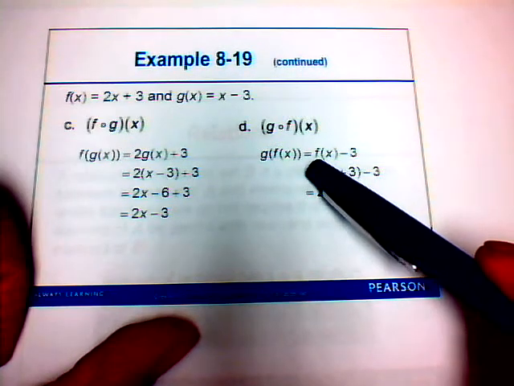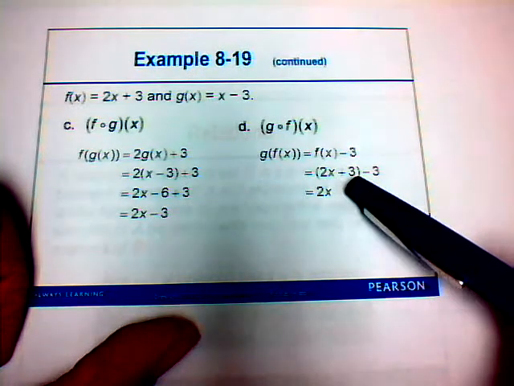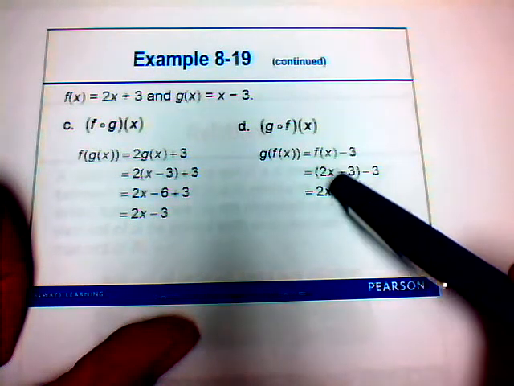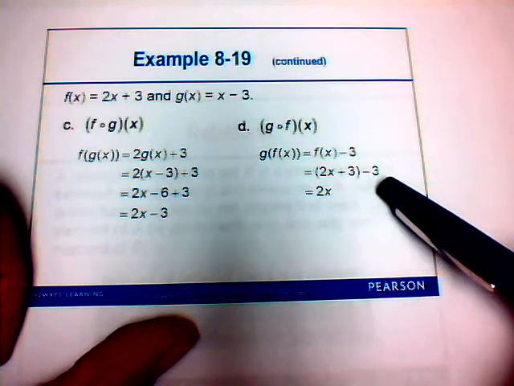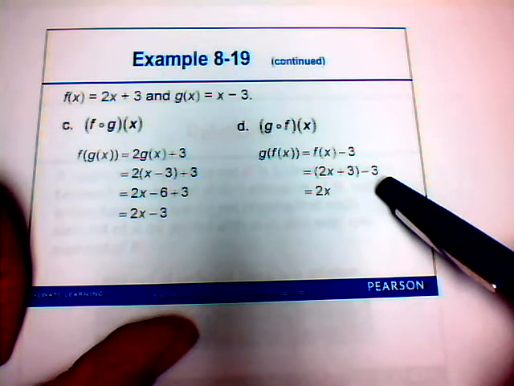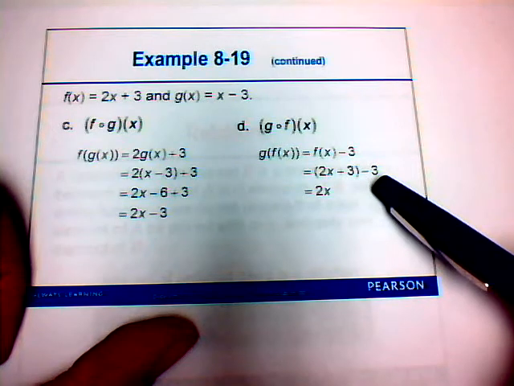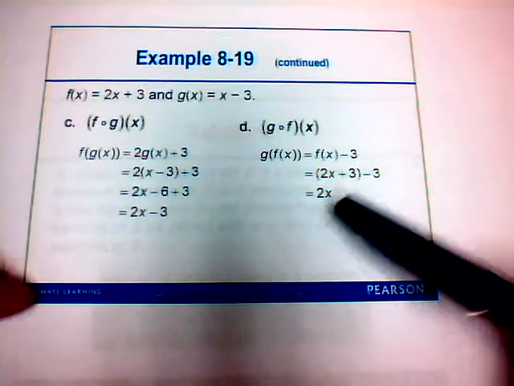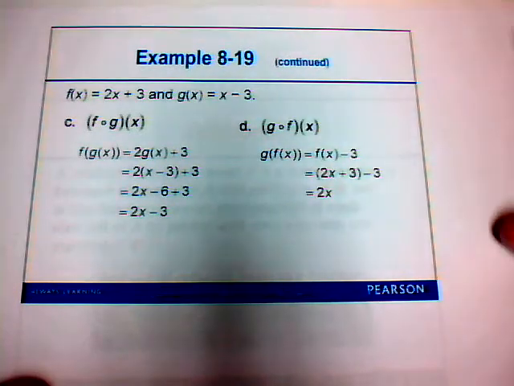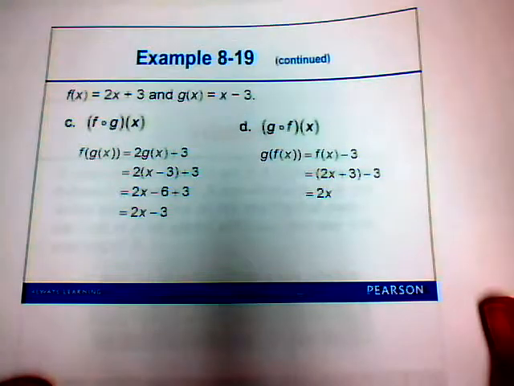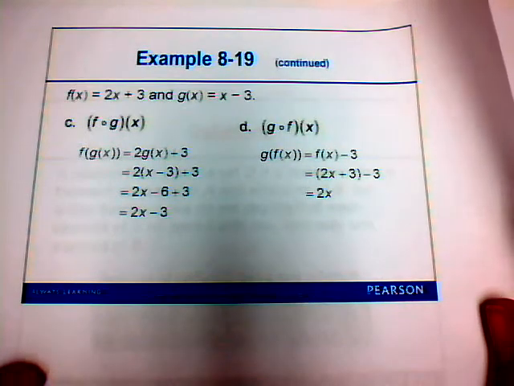So let's replace this f of x with 2x minus 3. So now you get 2x minus 3 plus 3. Simplify, adding 3 and subtracting 3 is the same as adding 0, so you're left with 2x, which is the answer to the composition of g with f of x.